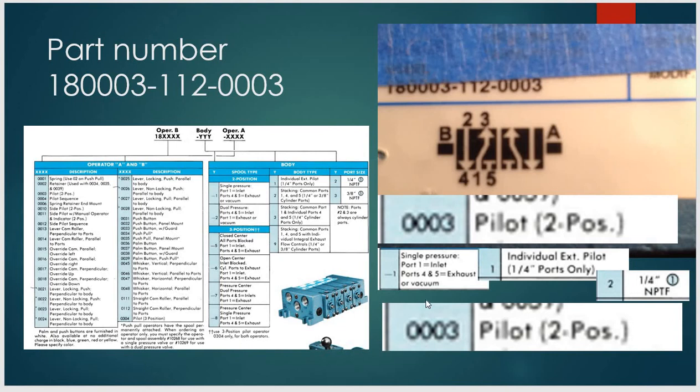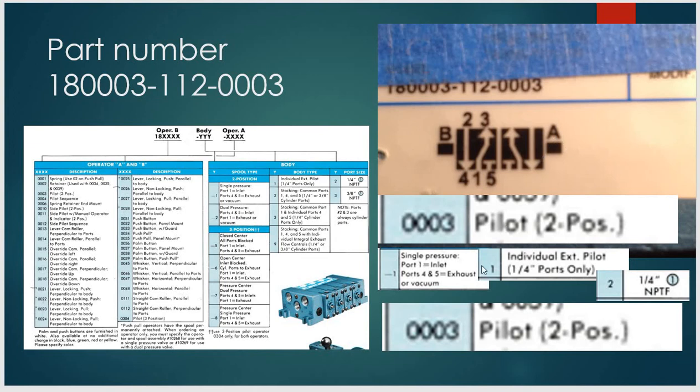And I've copied down the numbers. I had to fit these in here, and I had to make these a little bit smaller for the body, but we just went over that. So 0003 is the pilot. Okay, so we've got a pilot air here, and it's a 2 position. The other side of it, which would be our A side, we had 0003 as well. So we'd have air here as well.